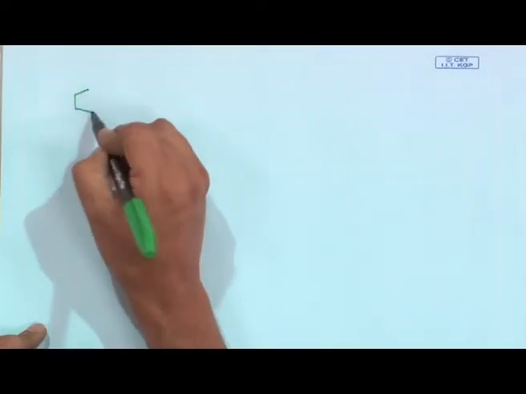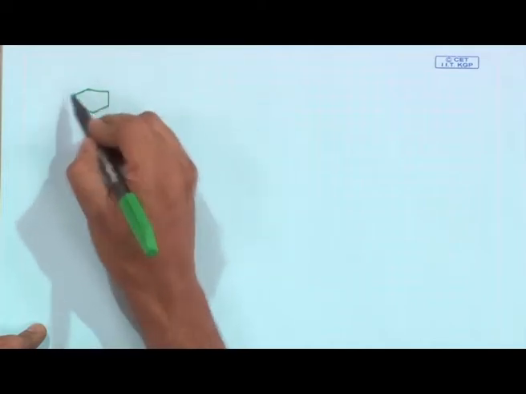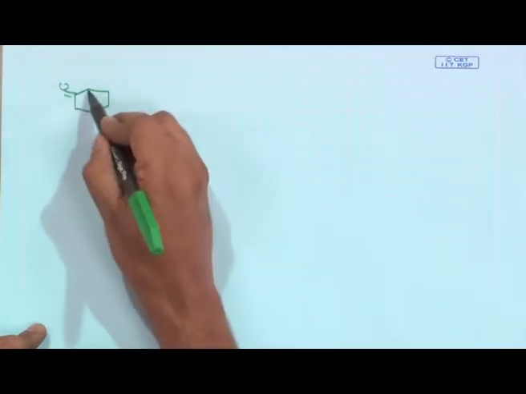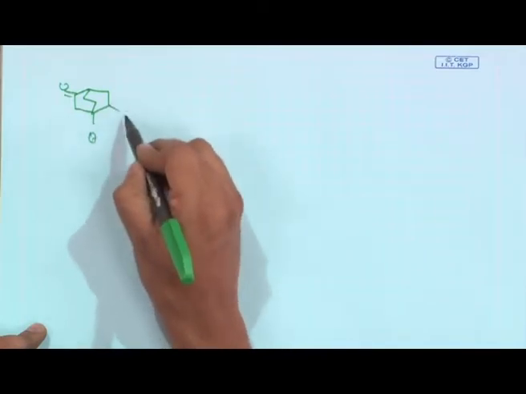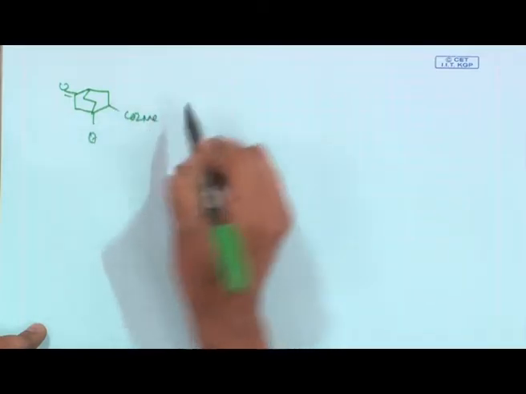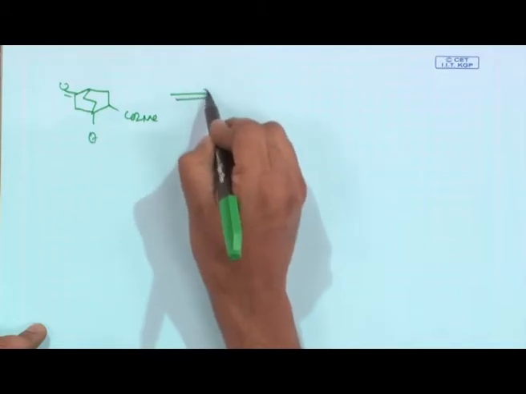There is also another way through which you can visualize the entire synthesis. I will try to analyze whether this molecule can be disconnected in another way. The answer is yes, definitely you can do it. See how we can do it.